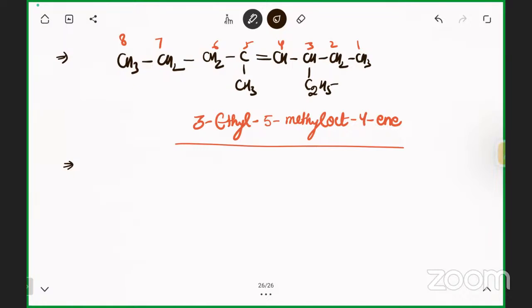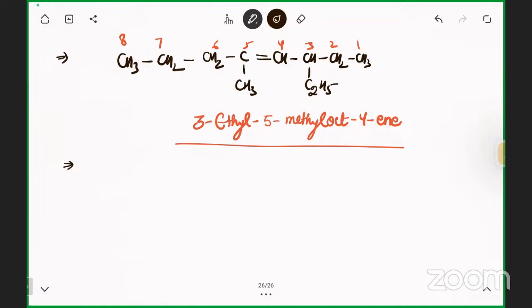Just remember the rule says that if the double bond is coming on the equal position from either side, if you do the numbering from the left side, it comes on the fourth position. If you do numbering from the right side, it also comes on the fourth position. So from both sides the double bond is on the equal position.